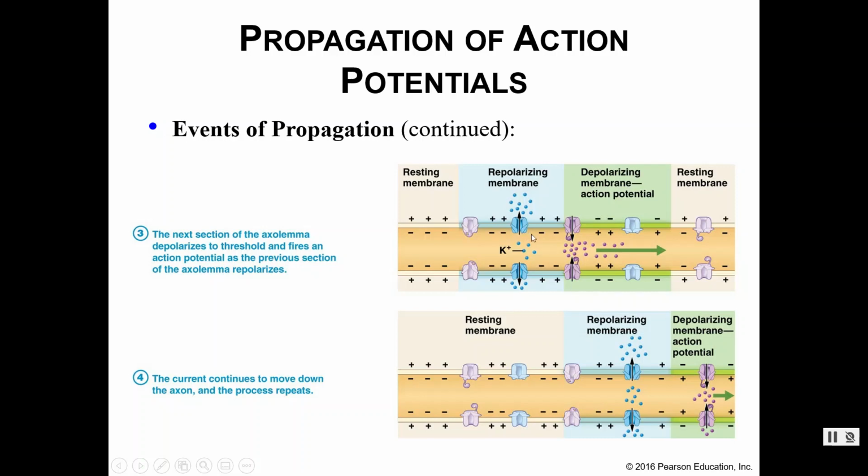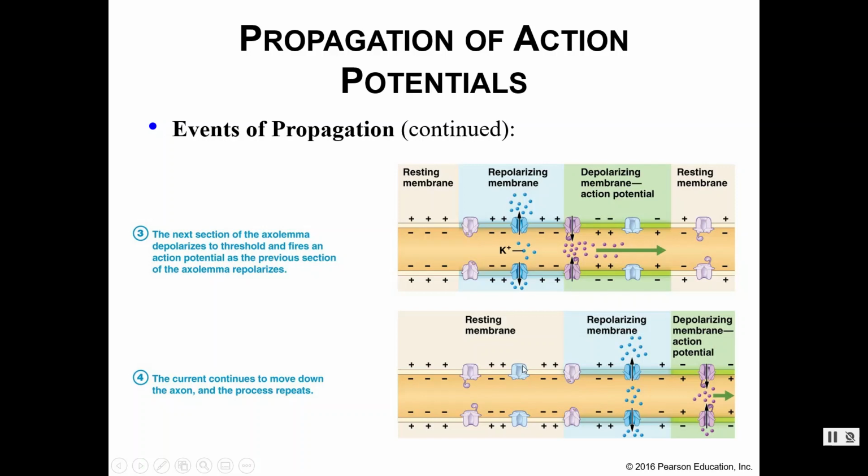Same thing for our next section. Once we finish depolarizing section number 2, and we pass the signal off to section number 3, section number 2 starts to repolarize. You'll notice in section number 1 we have completely gone back to rest for our first sodium channel. Our second sodium channel becomes inactivated.